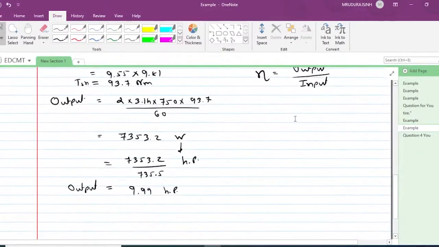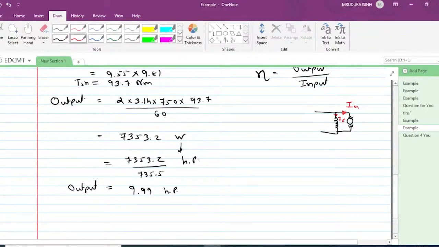Let me quickly show you the construction of a DC shunt motor. This is the shunt winding and this is the armature winding, right? The current flowing here is known as the armature current and the current flowing here is known as the field current.